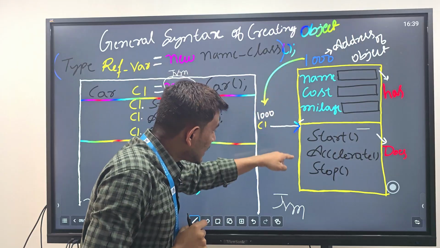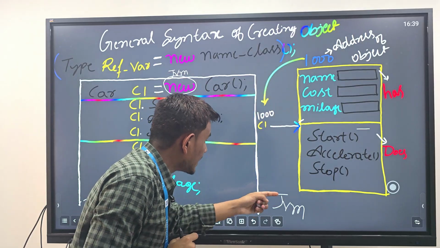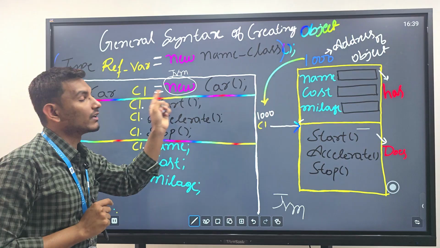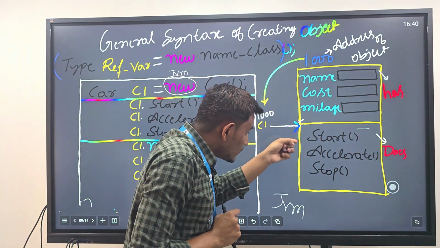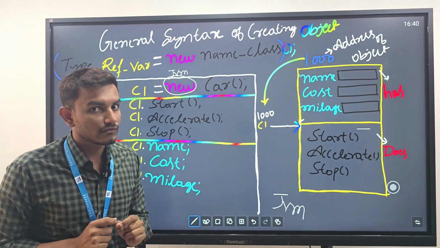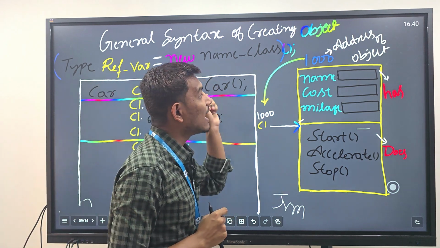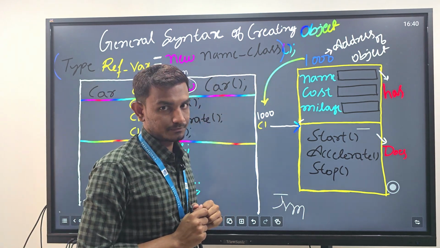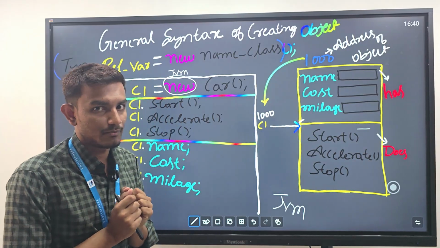This entire object, which the JVM creates once you specify the new keyword, will be created, from the memory point of view, in the heap segment. I hope you are getting the point.